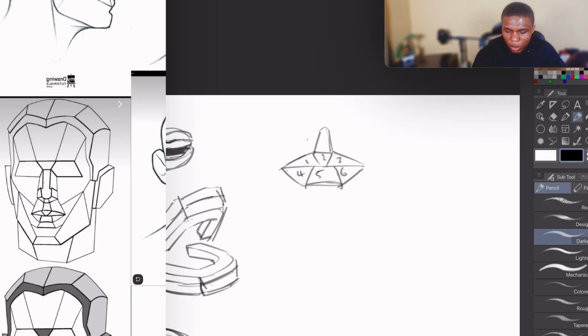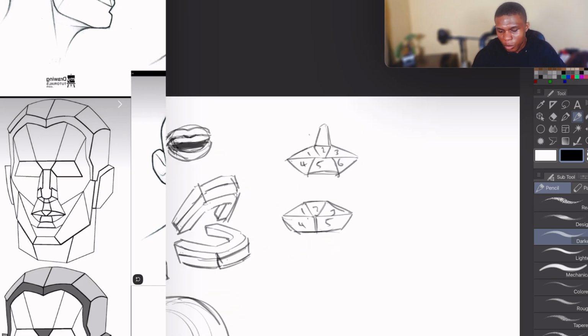What some people do about this plane is that they could also just make it 1, 2, 3, and then 1, 2, 3, 4, 5. That's what some people do.